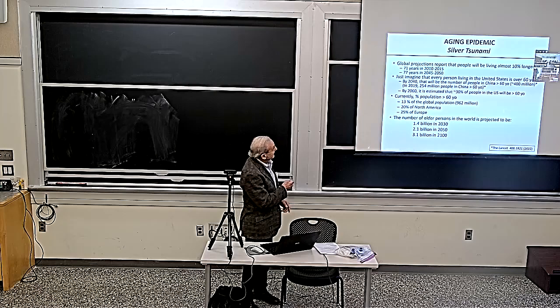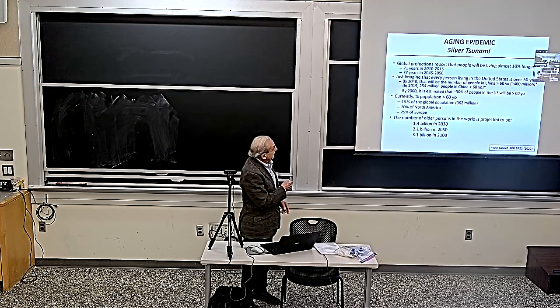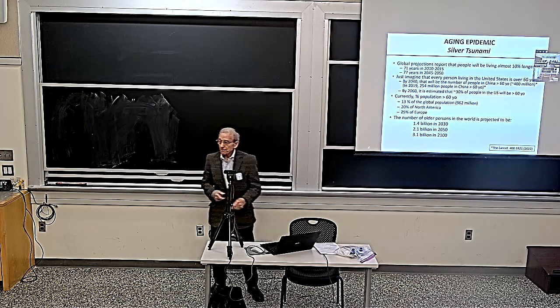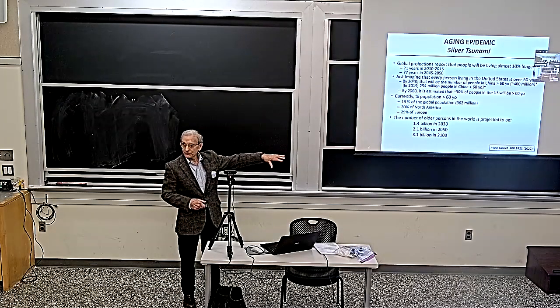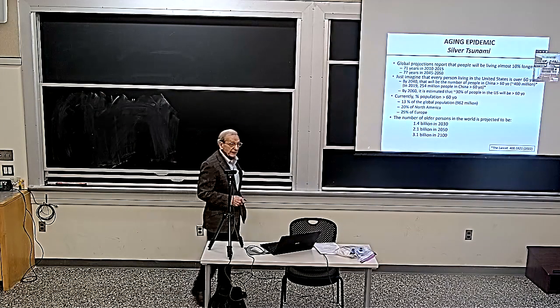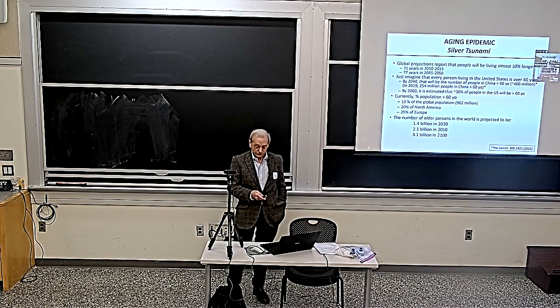And by 2060, it's estimated 30% of the people in the U.S. will be greater than 60. Now, these statistics change some, so there's a reference somewhere for these statistics. But the bottom line is there are a greater percentage of older folks now coming up, and there are problems that this population has that will need to be dealt with. People begin living longer, but with reduced quality of life due to disability and pain.